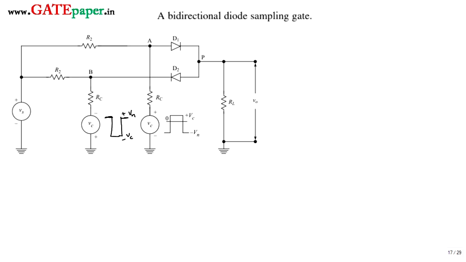It is easy to adjust the zero pedestal when the sampling gate uses diodes. So these are the two basic advantages. That's why sampling gates using diodes are preferred. Now we'll see the bidirectional diode sampling gate, its operation, how much the gain is, and what the minimum signals must be.